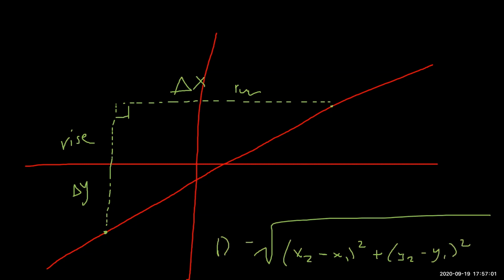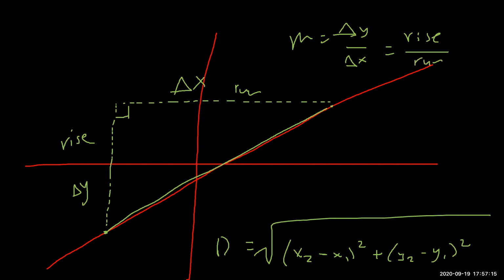So this is your distance formula, which literally tells you the distance between these two points. So this is slope: m equals delta y over delta x, or rise over run. Not a coincidence that it forms a right triangle.